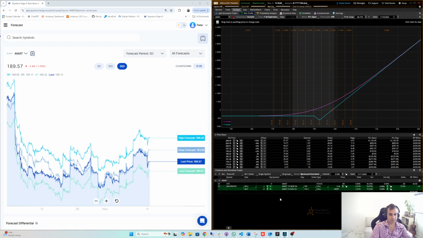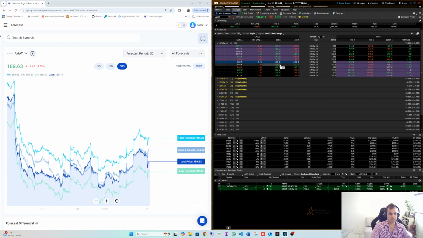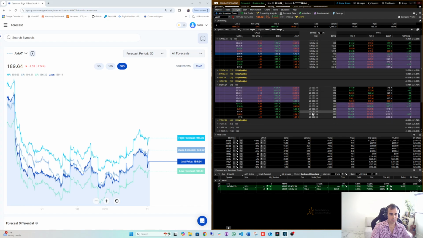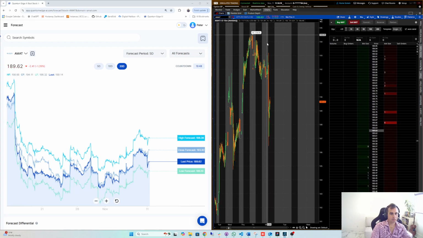But if you were to structure this expiration further out, you're going to be in a position where this front week is actually losing a lot of capital over time versus that long out of the money in a further expiration. So that is the back ratio.